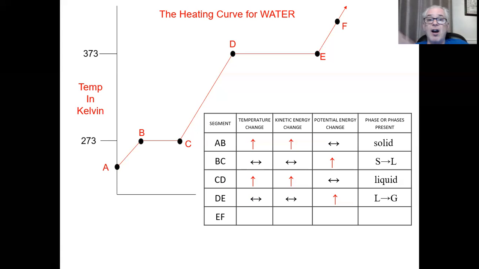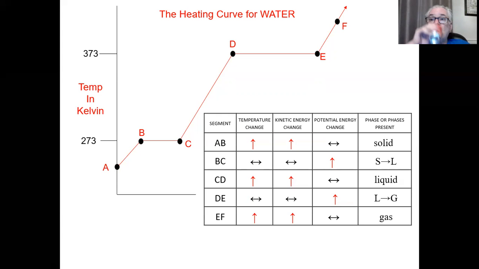So gases are higher than liquids, liquids are higher than solids, potentially. Now, from E on, it starts out at 373 and it gets as hot as you can make it. The temperature goes up, the kinetic energy goes up, but the gas phase is always in the gas phase. It doesn't change. So the potential energy is always the same.